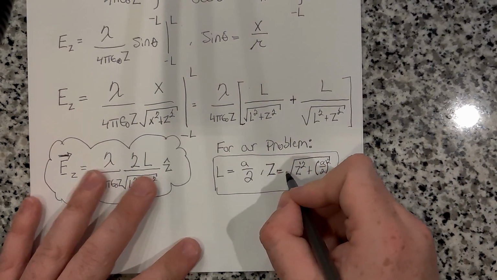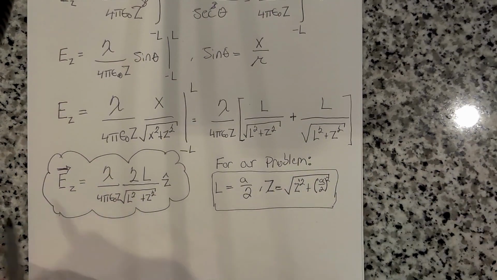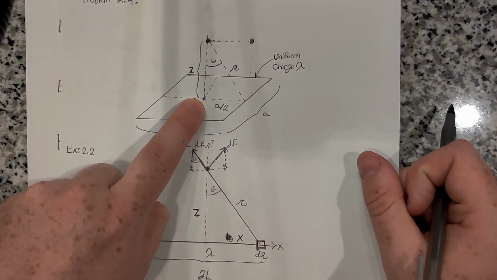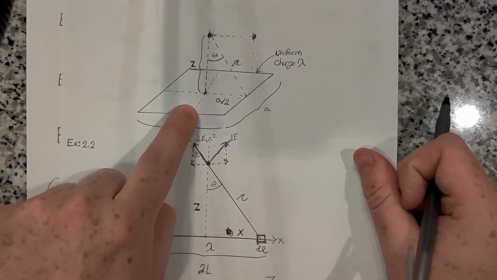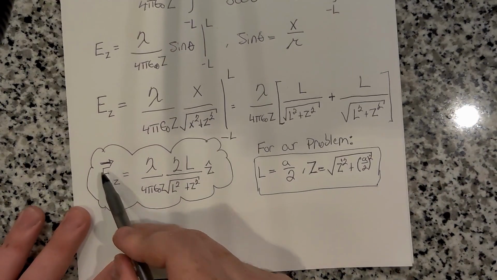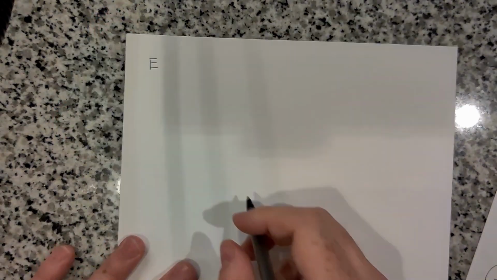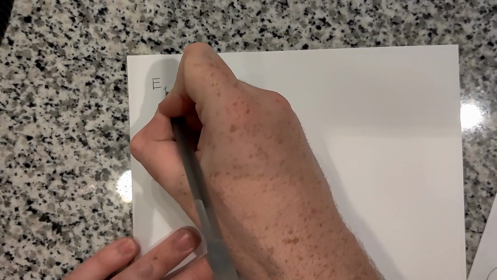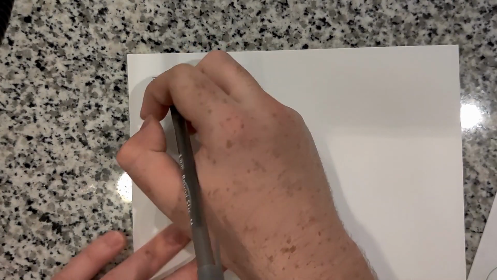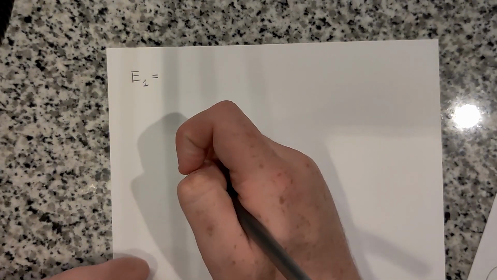So this z is the z from the example problem, when it was straight above the wire. And this Z is the distance here above the midpoint of the square. So using these variable transformations, I'm going to get a new piece of paper. We can say that the electric field due to just one side of that square, the magnitude of it, is going to be, let's plug everything in.